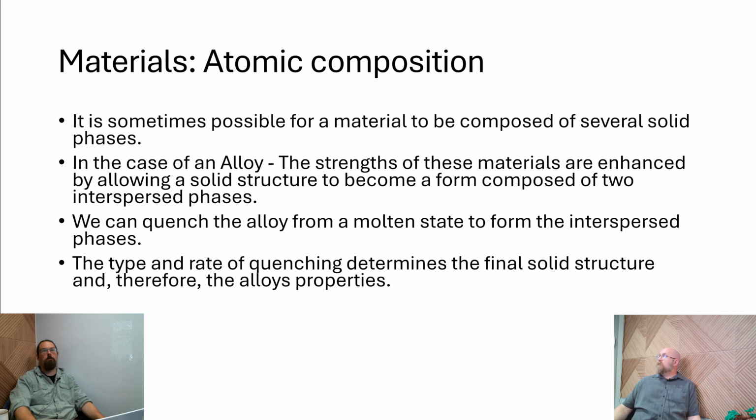A lot of this comes down to how the individual atoms of a material are arranged and how they behave at given temperatures. With steel, when we're quenching something, we're instigating very rapid temperature change.